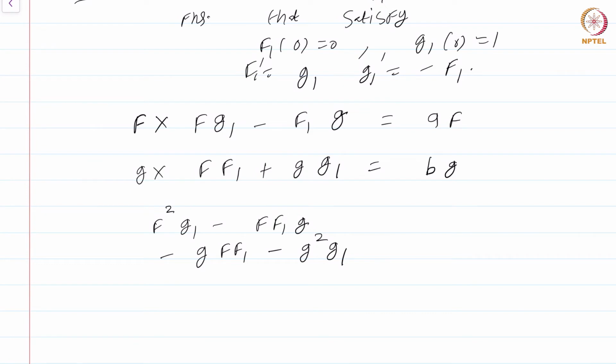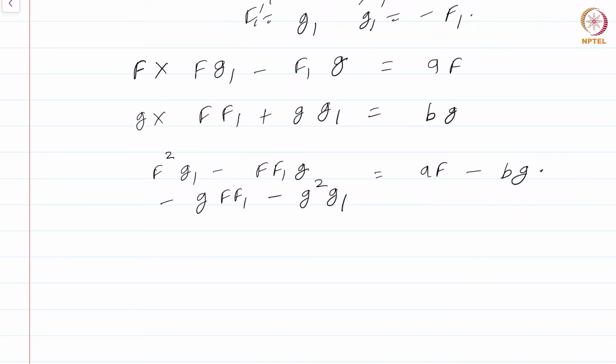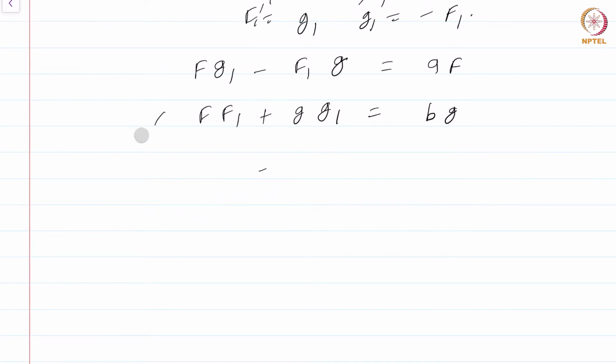This is equal to af minus bg. Fine. So now what we do is we already know that f squared, oh wait a second, I did the wrong multiplication. Just a second. Yeah, these things are a bit of trial and error, so this is a part of the natural process of learning. What we'll do is we'll multiply the first equation by g and the second equation by f.